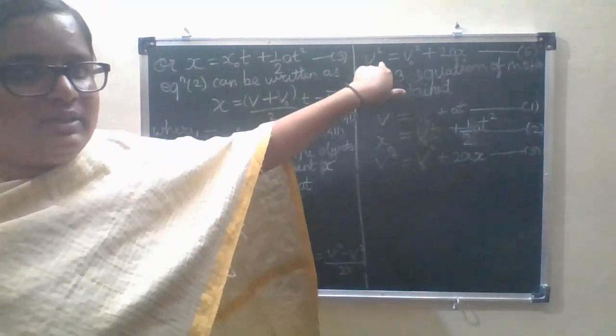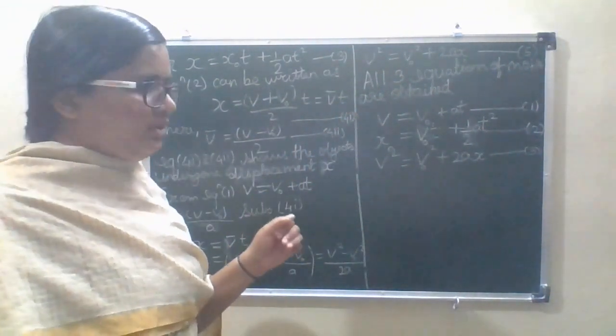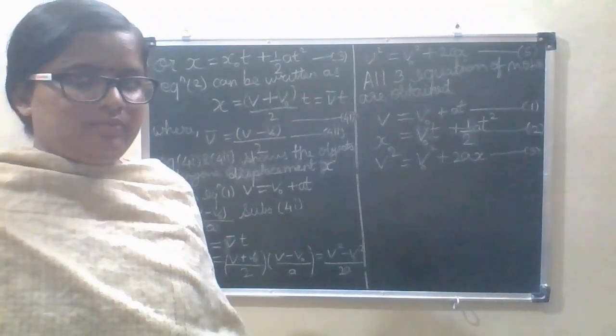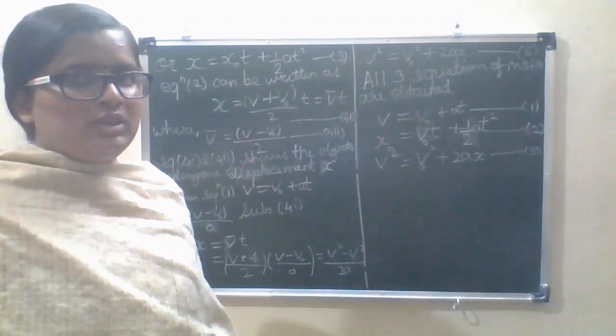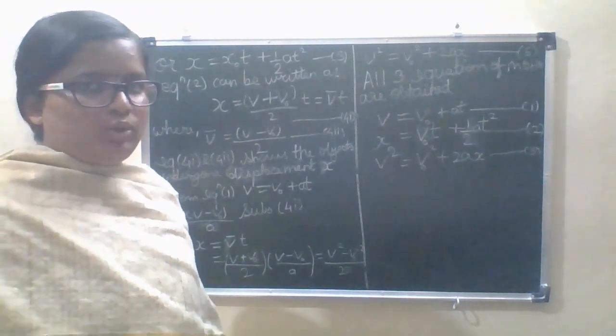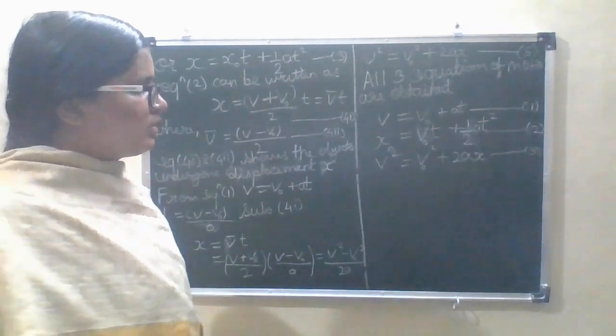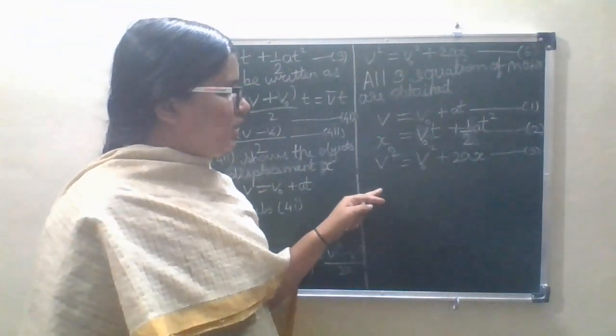Okay, so by this method we have calculated the three equations of motion. Now we will derive the same three equations of motion using the calculus method. These are the equations we have written again.